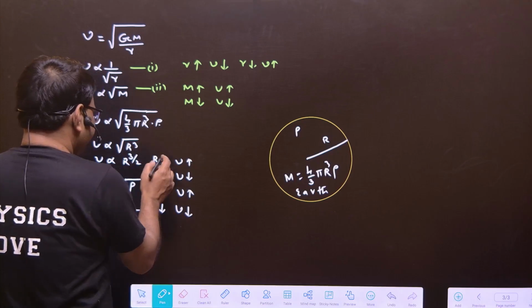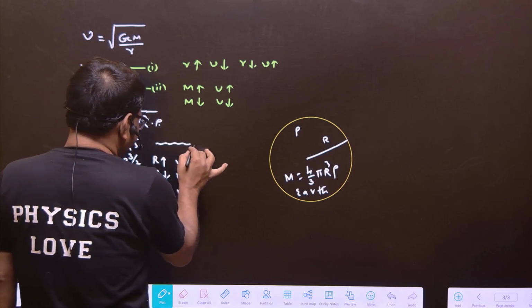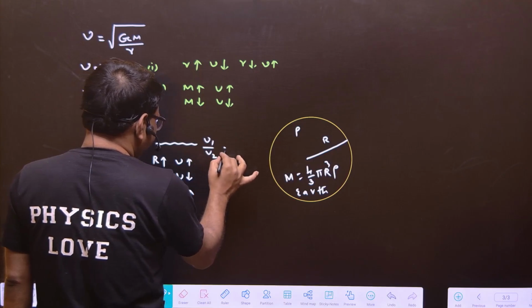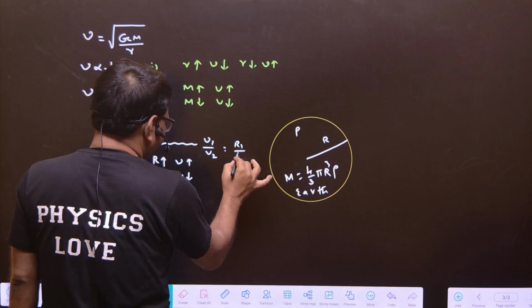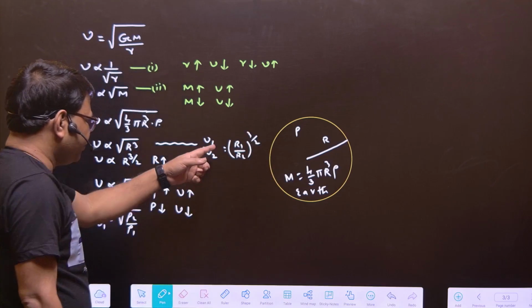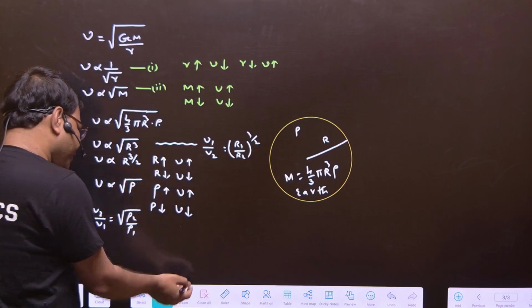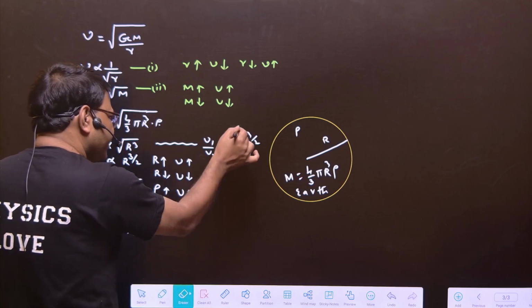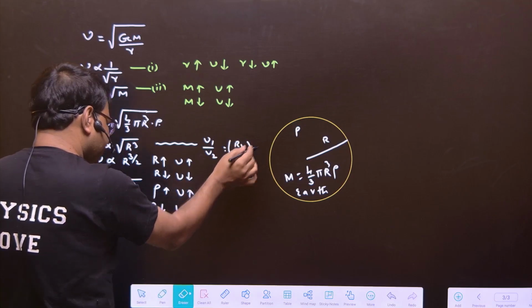Also from this relation, we can write V1 by V2 is equal to (R1 by R2) total power 3 by 2. With the help of this formula, we will be able to solve different kinds of numericals. That's why I am establishing this formula.